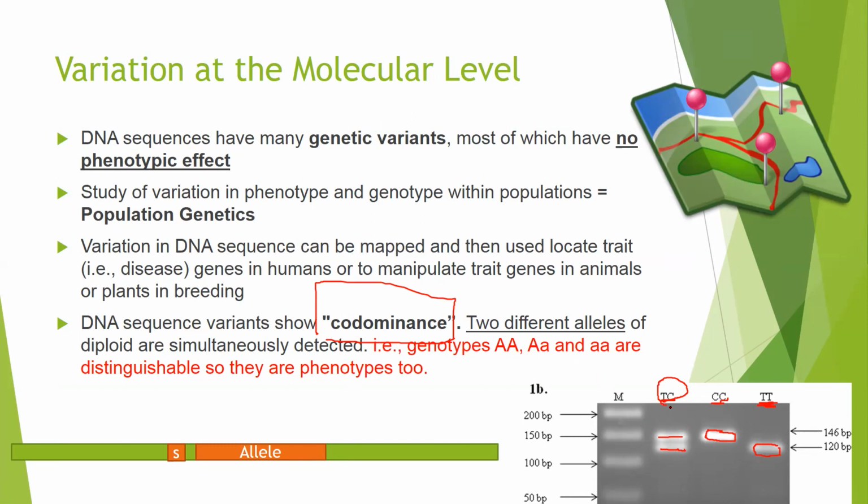But in this case, the heterozygous individual gives you a different phenotype than the homozygous, or both alleles demonstrate their specific phenotype. So in this case, we say this locus is codominant. Most markers have this feature, so it's very nice. Then we can easily phenotype them and use them to help us do the genetic dissection.